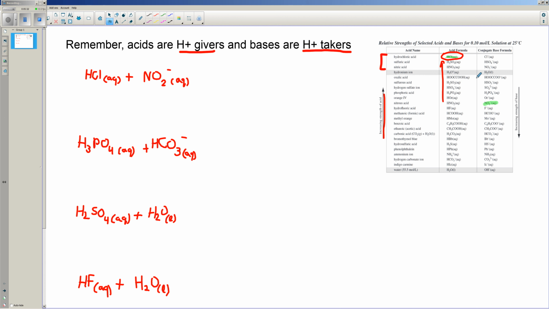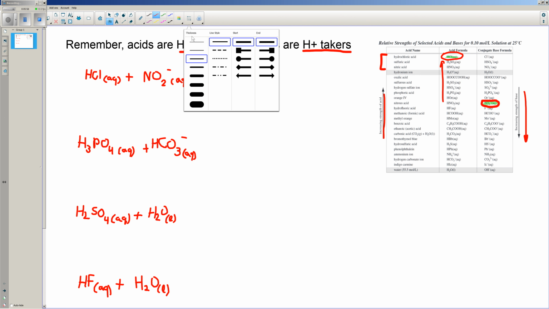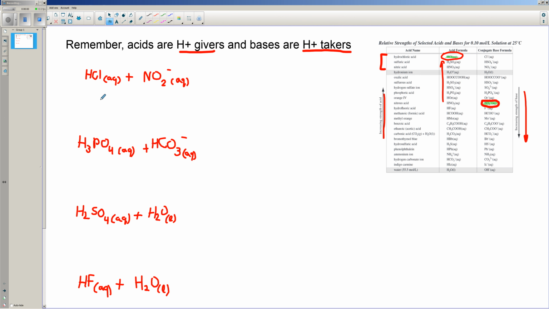And we can see all the way down here, as the arrow goes down, it says increasing strength of base. That means that OH minus is the undisputed king and champion of taking H's. But since we're not doing a reaction with OH right now, we'll just do the reaction that we originally planned. So I have HCl, which I've written down, and I have NO2 minus aqueous, which I've written down.